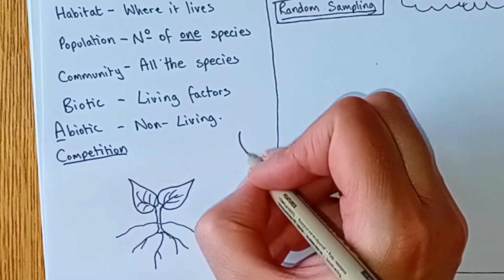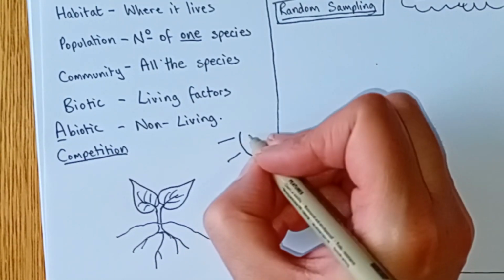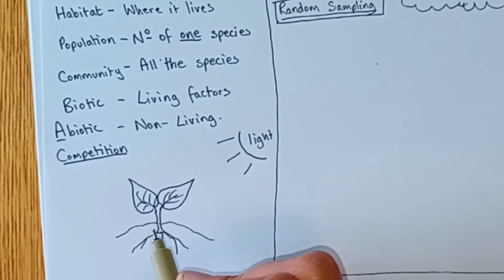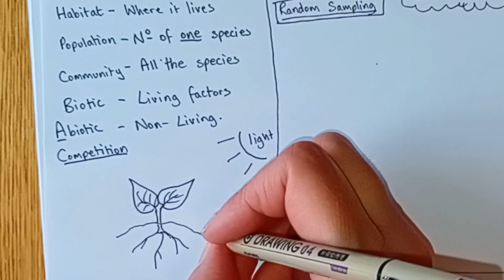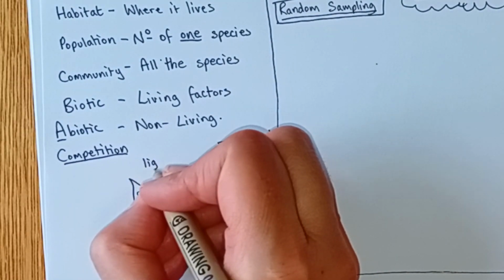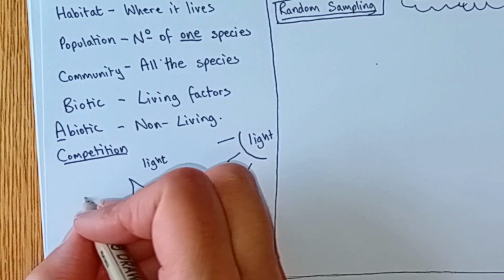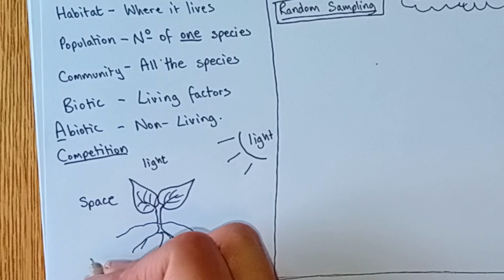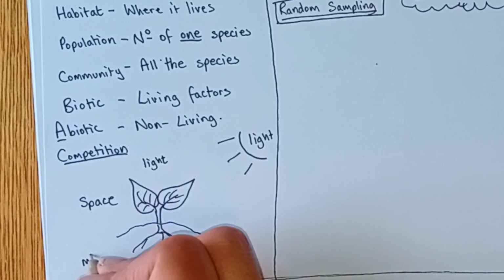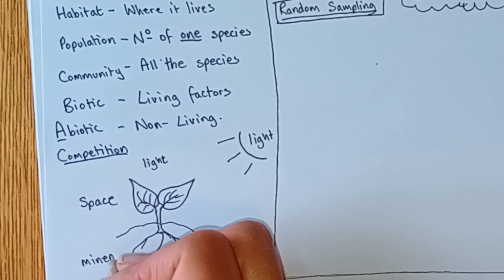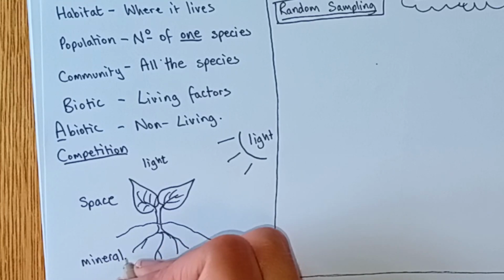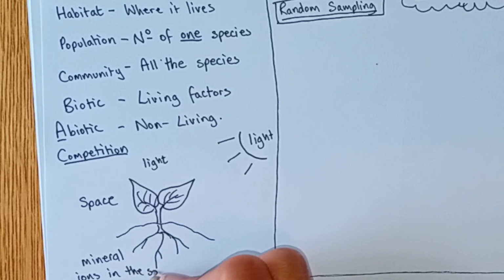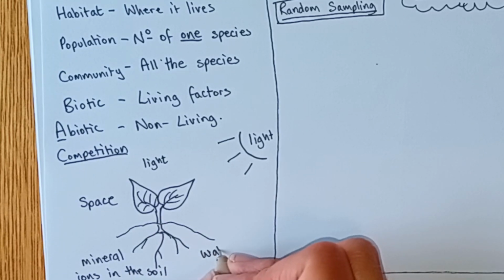So if I've got my light over here, this plant is in competition for that light. It's also in competition for space. And it's also in competition for water and mineral ions. Remember, we say minerals from the soil, not nutrients. Mineral ions in the soil. And also water.